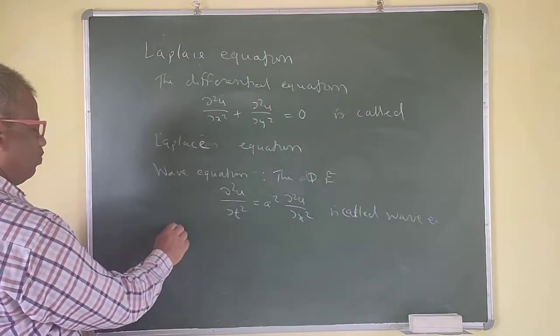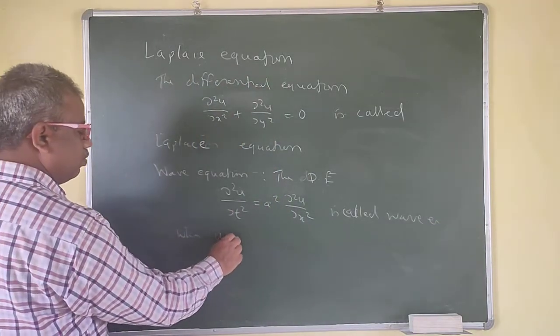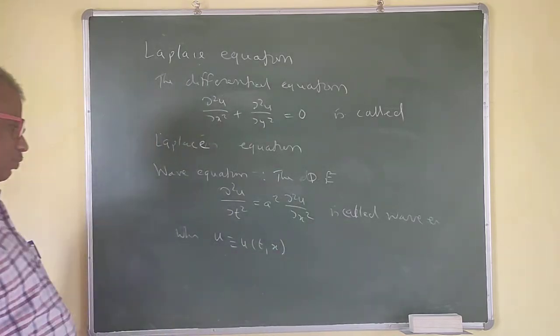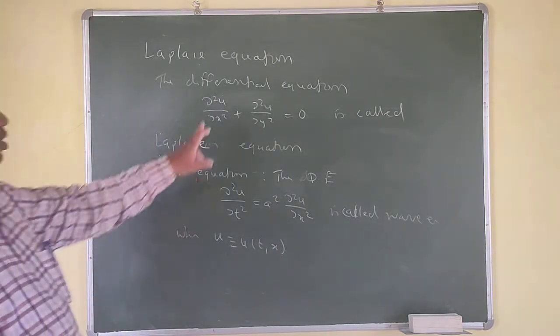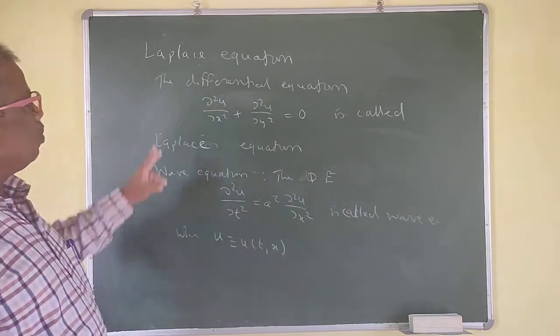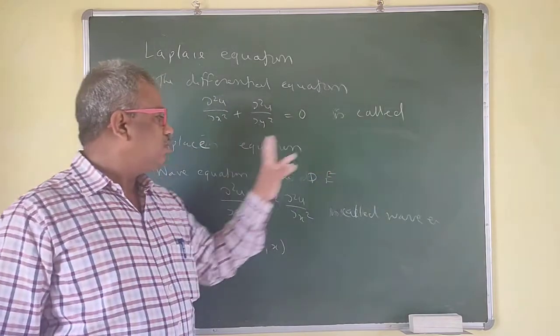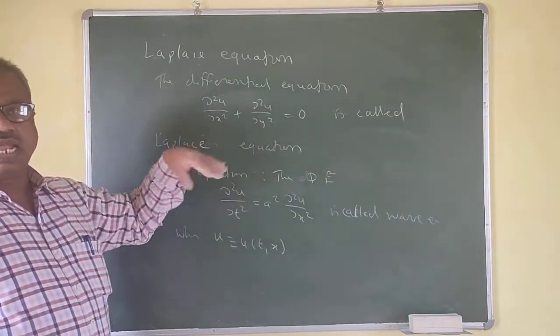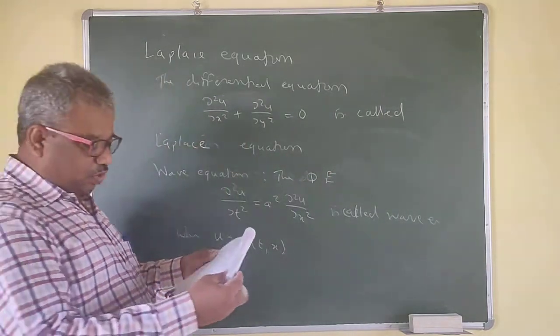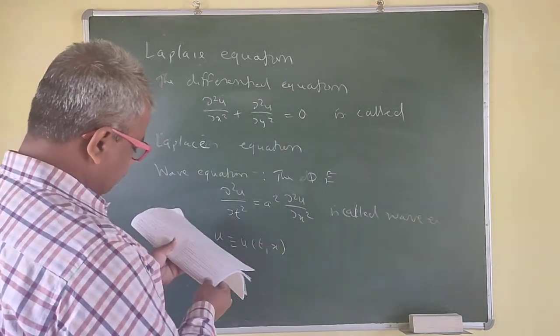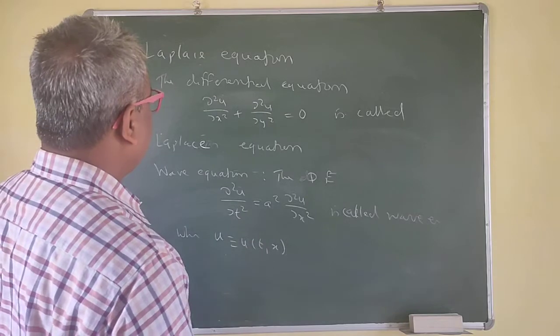In the wave equation, u is equal to u of t, x, and in the Laplace equation, u is a function of x and y. So if a function satisfies this Laplace equation, then that function is called a harmonic function.